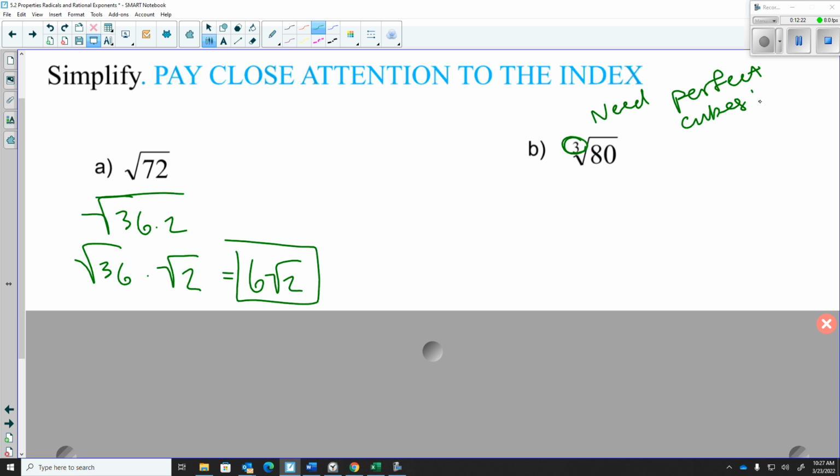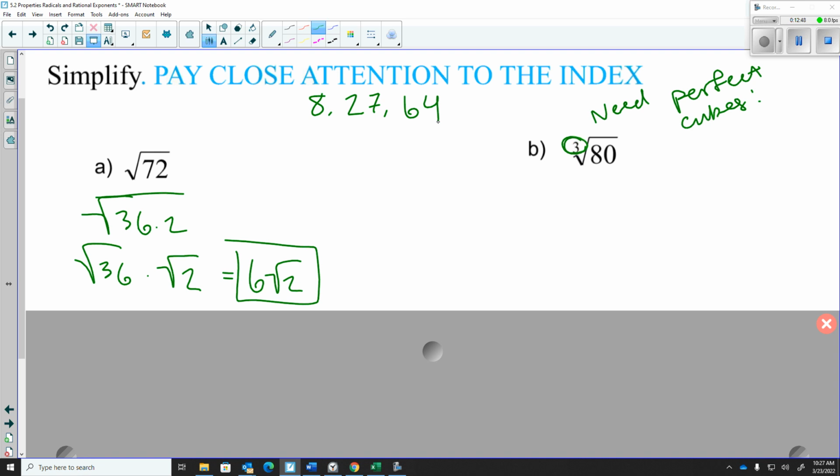8, 27. What's 4 cubed? 64, I think. 64. Okay, you're probably not really going to get much bigger than that. All right, so those are cube roots. So we already talked about it. 8 goes into 80. 27 does not. 64 does not.